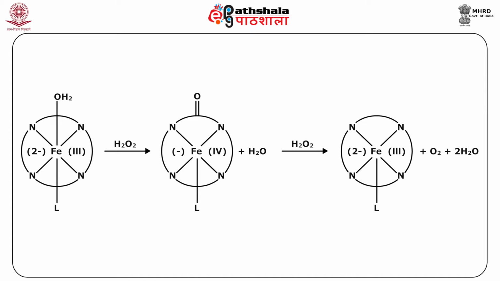It is worth mentioning that both the oxygen atoms of the oxygen molecule come from second molecule of H2O2, and this has been confirmed by using labeled H218 isotope of oxygen. So, figure shows the mechanism which illustrates how the catalase enzyme precisely works.